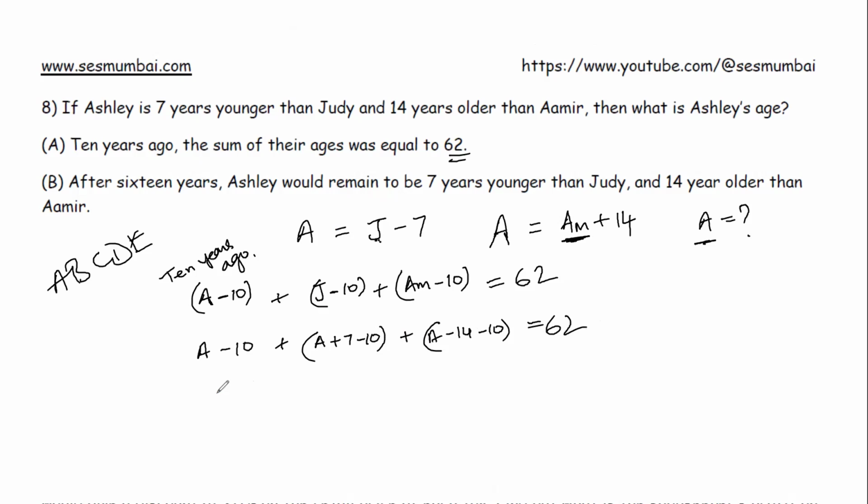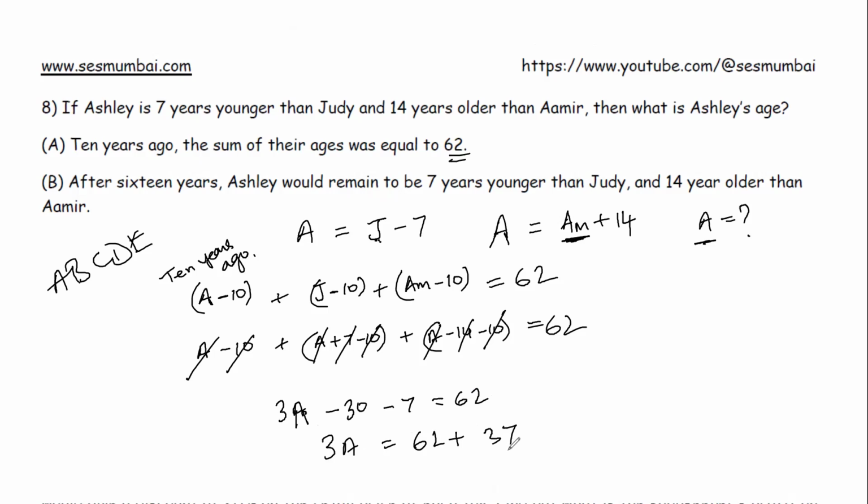So we got three A's, and minus 10, minus 10, and minus 10, minus 30. And then we got plus 7 and minus 14, minus 7, is equal to 62. So 3A is equal to 62 plus 37, which is equal to 99. So A is equal to 33. We got the answer using A alone.